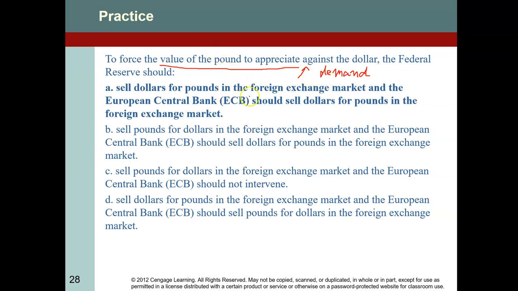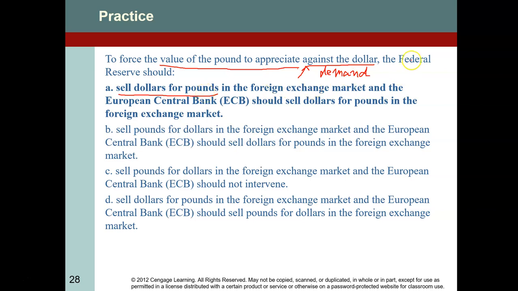So no matter whether it's conducted by the Federal Reserve or the European Central Bank, we want to sell dollars for pounds so that the pound demand increases and the pound value increases against the dollar.